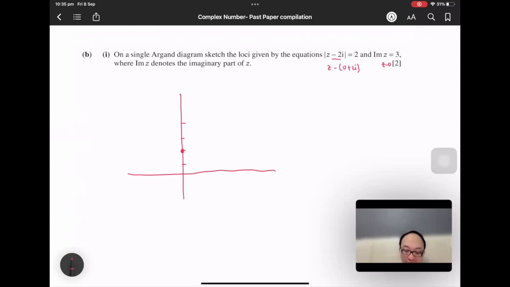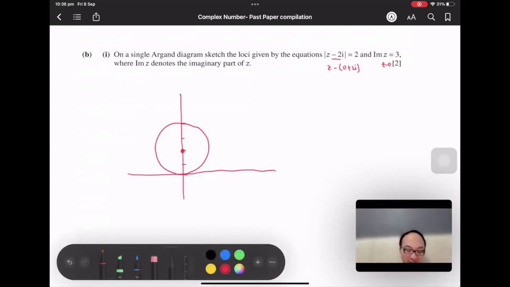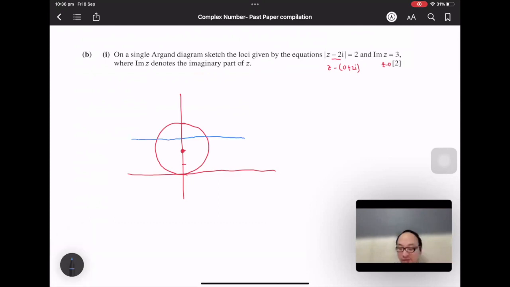So center here, radius 2, like this, and then z from 0, imaginary part. So imaginary 3 is here. Okay, so we have two intersections.